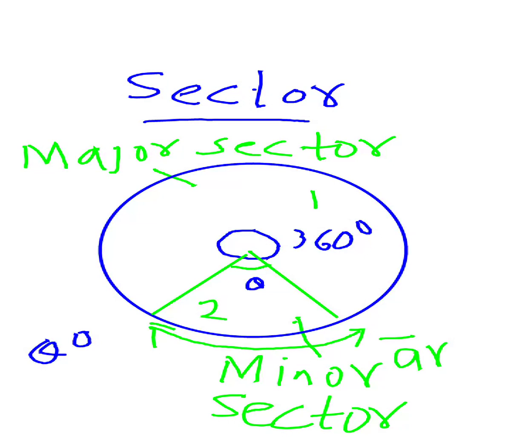Can you find it? Do you have any idea? For a minor sector there is an arc also. Suppose this point is A and this is B, the length of the arc AB. So if I want to know that for this angle theta for this minor sector, how can I do that?